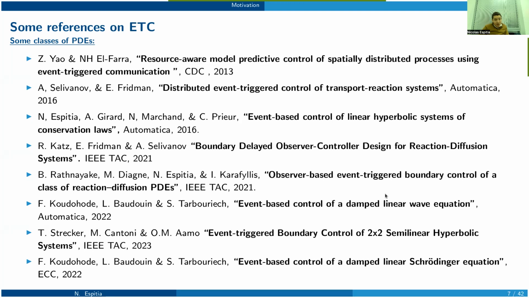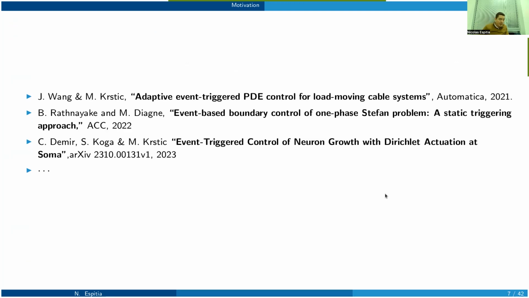On top of that, we can find applications other than traffic, for example, to load moving cables, to the Stefan problem, which includes moving boundaries, and even applications to neuroscience. So I really think that there are a lot of opportunities in this field.